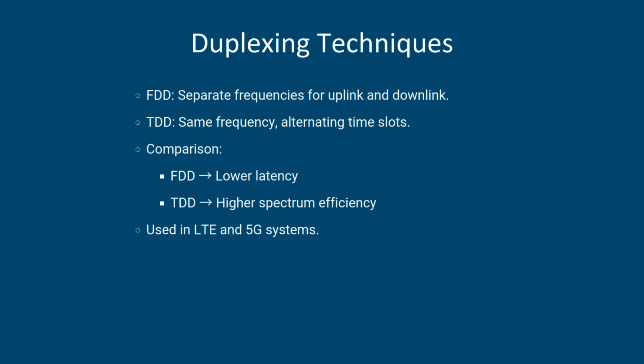Now let us discuss duplexing techniques. Duplexing allows two-way communication. In frequency division duplex, separate frequencies are used for uplink and downlink communication. In time division duplex, the same frequency is used, but transmission and reception occur at different time intervals.